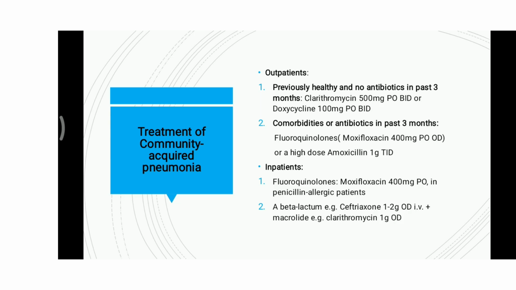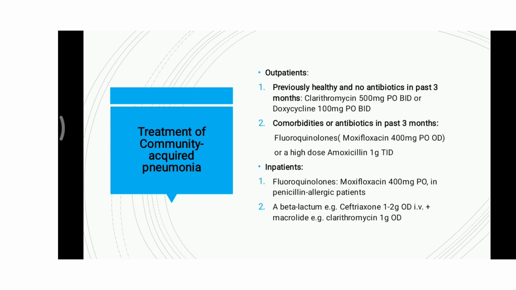So now we will study in case of inpatients. So inpatients, fluoroquinolones can be given, which is moxifloxacin 400 mg per oral, but in case of penicillin allergic patients. So the patients who are allergic to penicillin, then we can give fluoroquinolones, that is moxifloxacin.